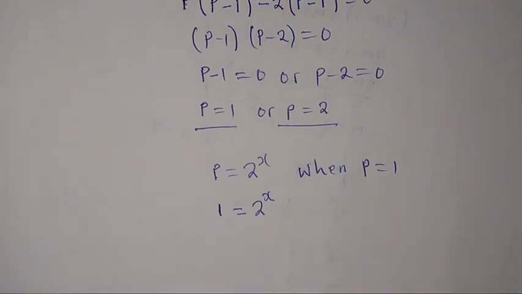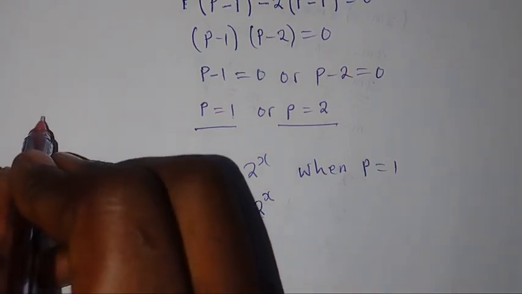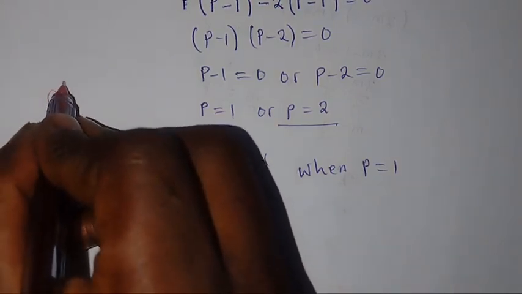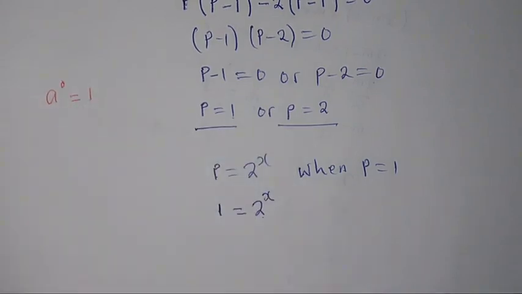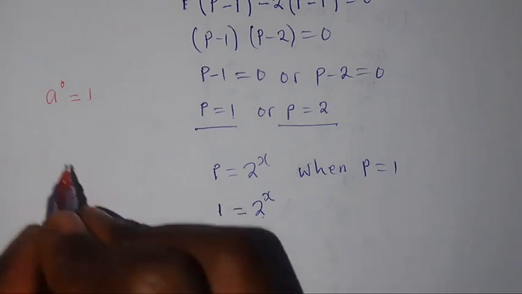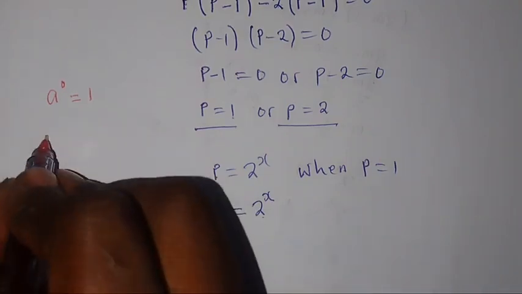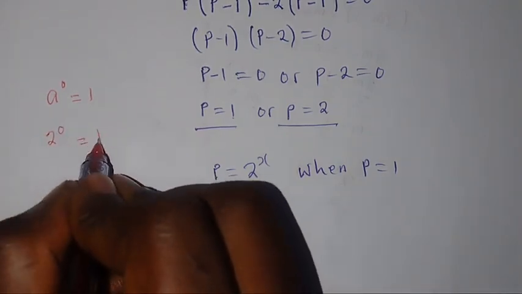Okay, now here we want to make sure that if you have the base of 2, even here the base is a 2. So what we can do is we can apply one of the laws of indices. If you have a to the power 0, it will give you a 1. Okay, so again, the base is a 2, if you have 2 to the power 0, it gives us a 1.